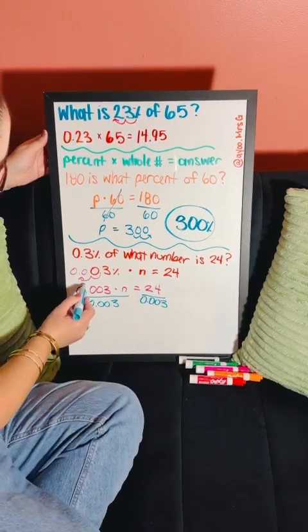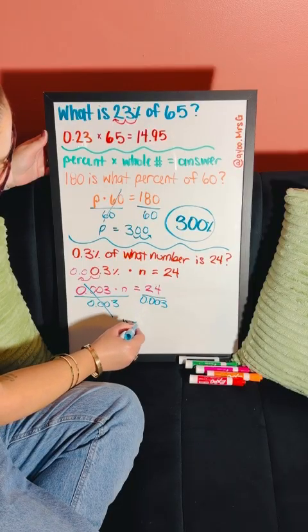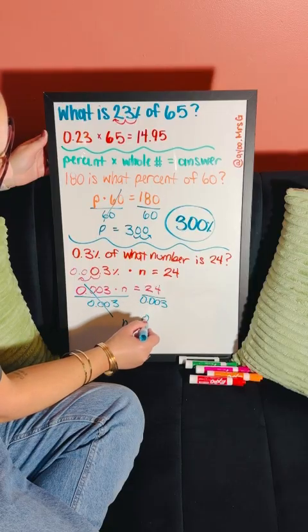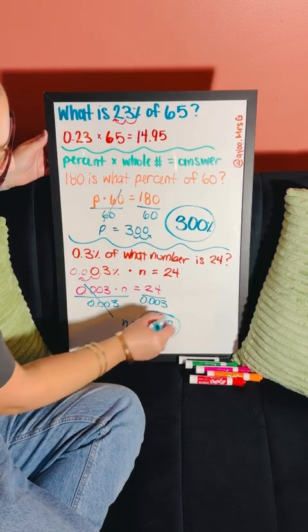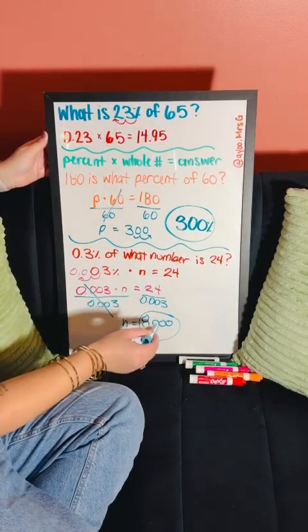And then this cancels out. We bring down what's left, which is our variable, equals 24 divided by 0.003 is 8,000. That is 0.3% of 8,000 is 24.